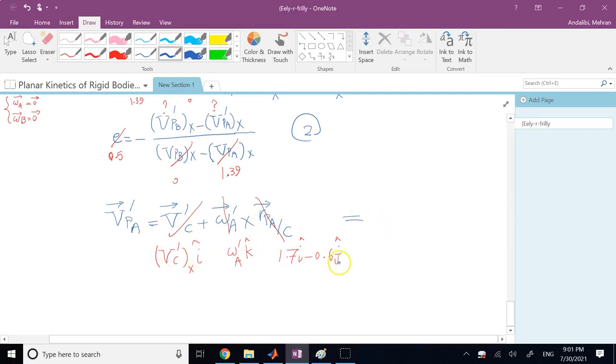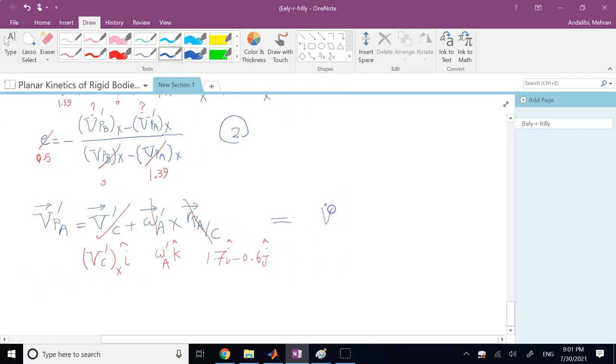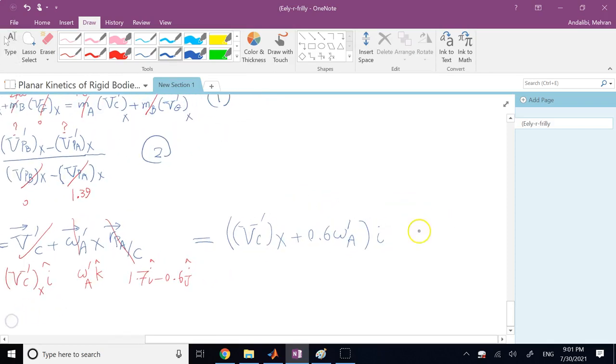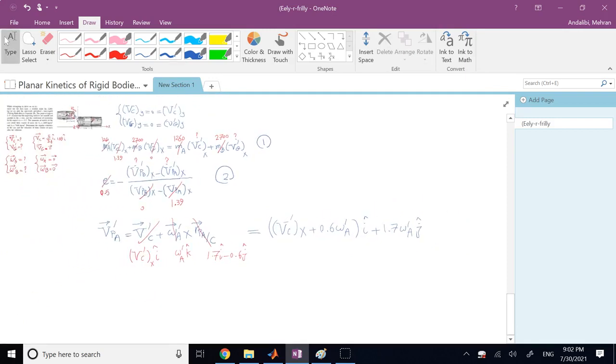You get a K cross J, which is basically negative I, but there is another negative, so it's positive I. So you will get V prime of CX plus 0.6 omega prime A, the whole thing times I, and then K cross I is J, so it's going to be plus 1.7 omega prime A in the J direction. Right? So this is V prime of PA.